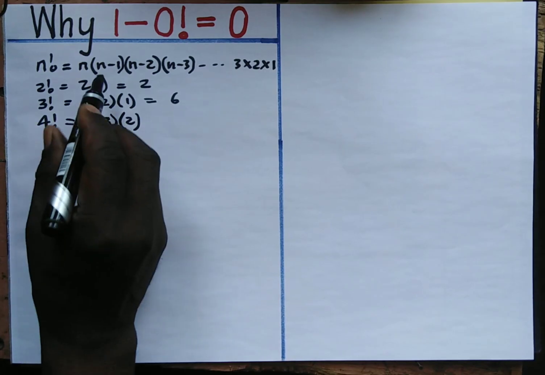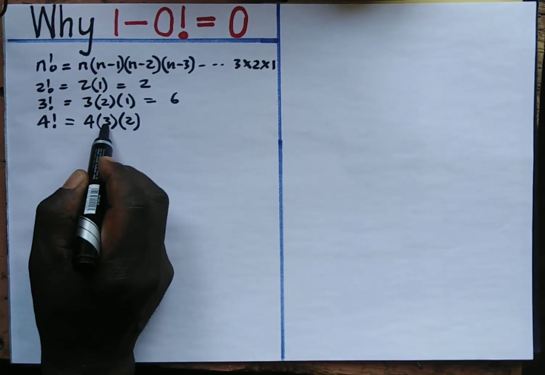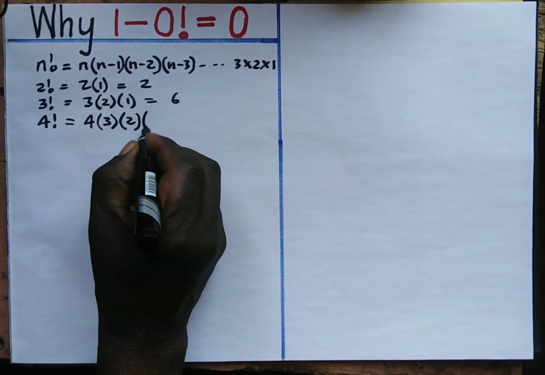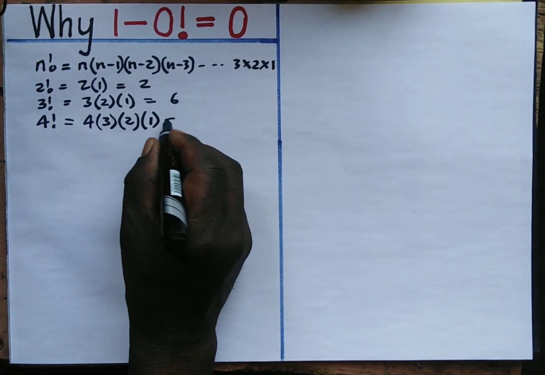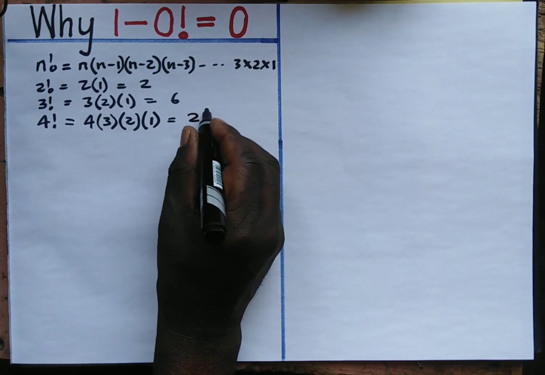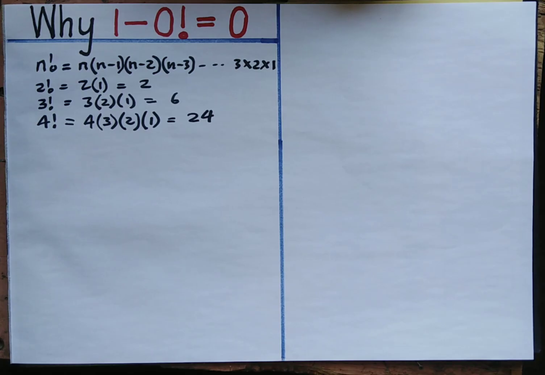Sorry, let's do it again. Our n is 4, 4 minus 1, 3, 4 minus 2, 2, and 4 minus 3, which is 1. I almost got it wrong there, didn't I? So that gives us 4 times 3 times 2 times 1, which is equal to 24. So that's our factorial there.